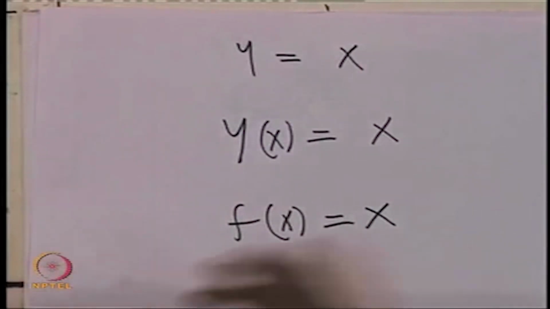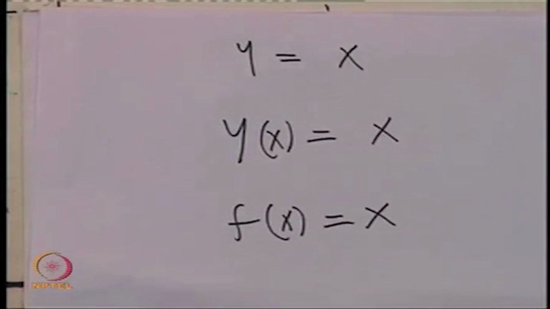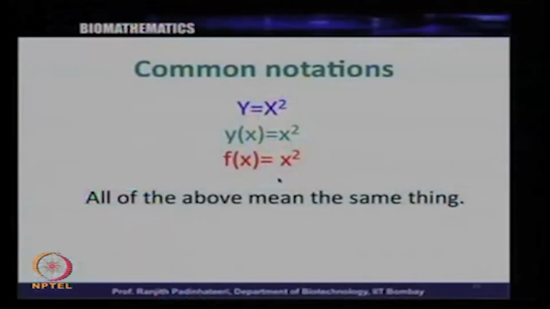Similarly, there are three different ways we can represent it. In some books you would see y equal to x, y of x equal to x, f of x equal to x. Similarly, in the x square case also, as you see in the slide here, some people would represent it as y of x equal to x square, f of x equal to x square, but as I said before, all of this means the same thing.